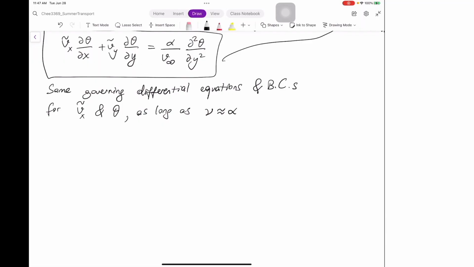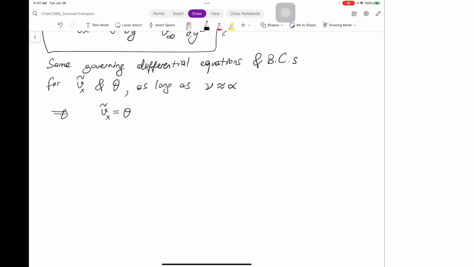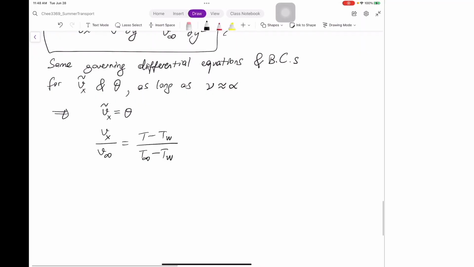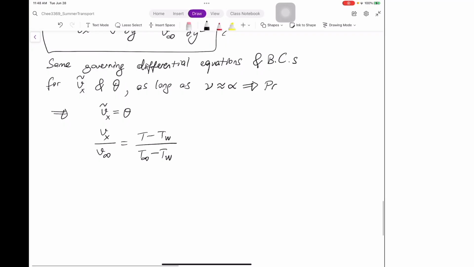And then we say that Vx tilde is equal to theta, which also means that Vx over V infinity is equal to T minus T wall divided by T infinity minus T wall. Okay, so this is only when nu is approximately equal to alpha. So this is the case when the Prandtl number is approximately 1.